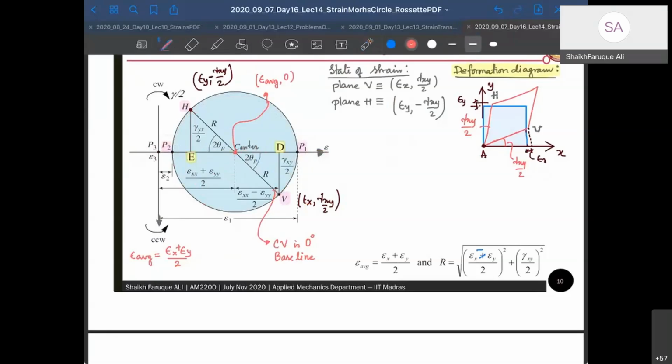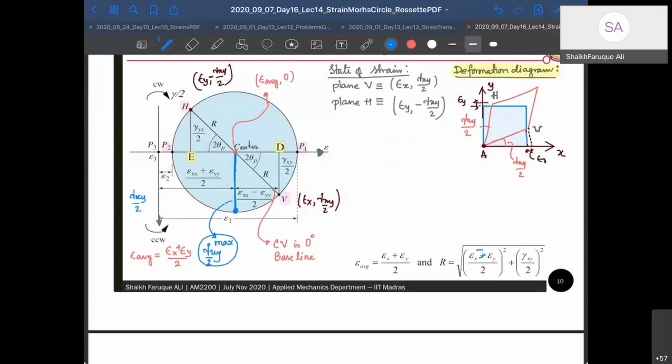Similarly, you have to find the maximum shear strain, not principal stress, maximum shear strain. So this is your maximum shear strain, gamma xy max. Remember that this axis is gamma xy by 2. So this is gamma xy by 2 max, not gamma xy max. So double of that is the maximum shear strain that you're going to have.